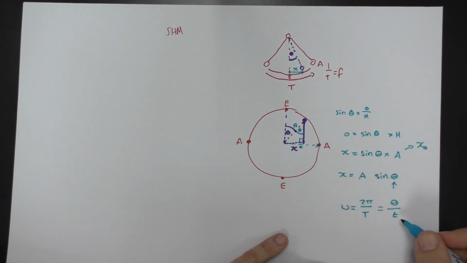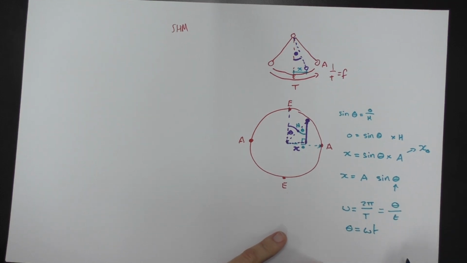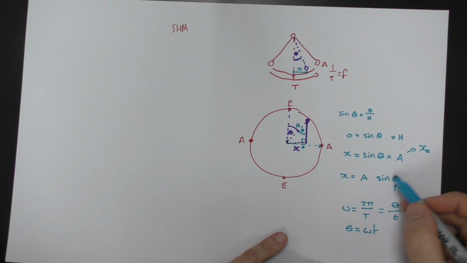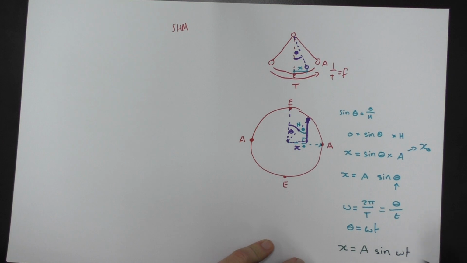And what's really nice about this is that theta then is equal to omega t, because we've said we can rearrange this equation and get omega t. And we can replace this value now with that and get a brand new final equation, that x is equal to A sine omega t.